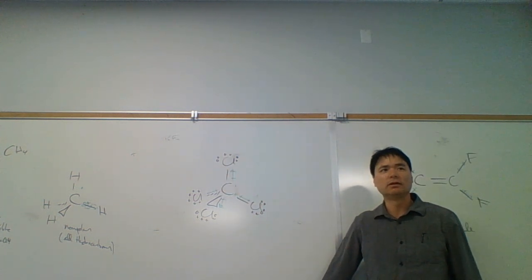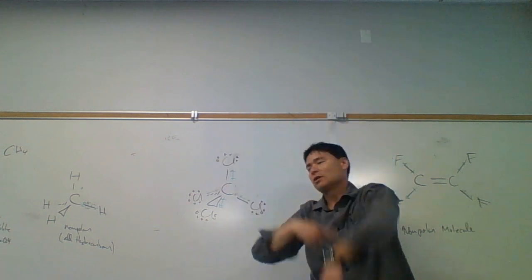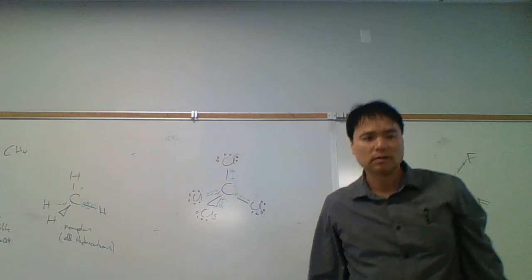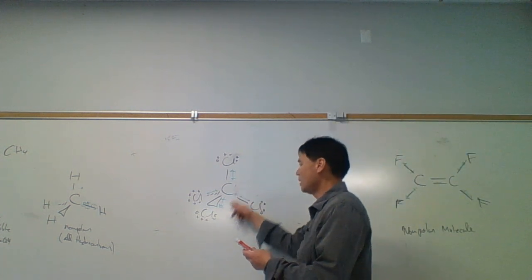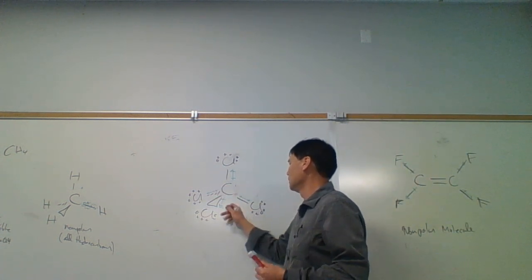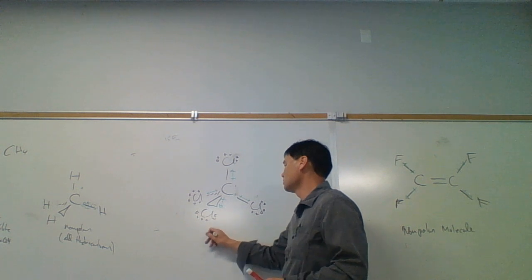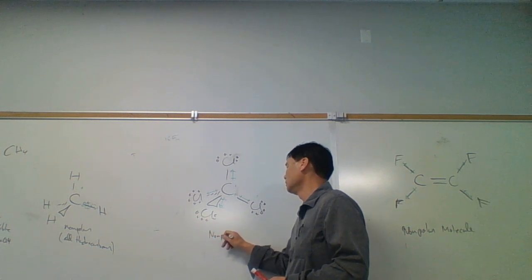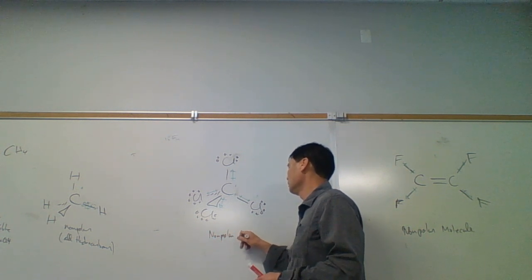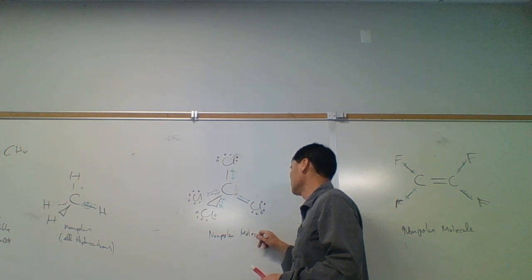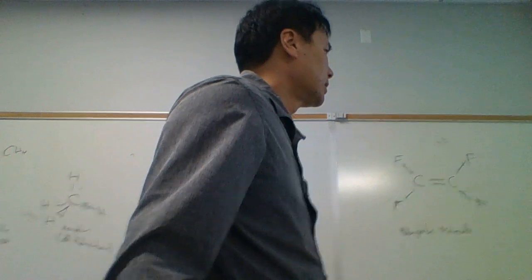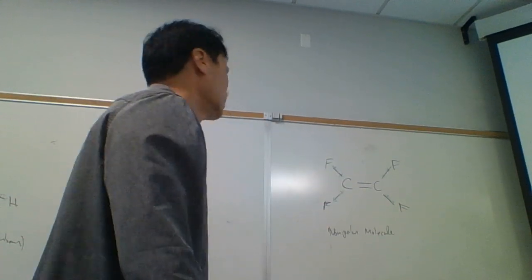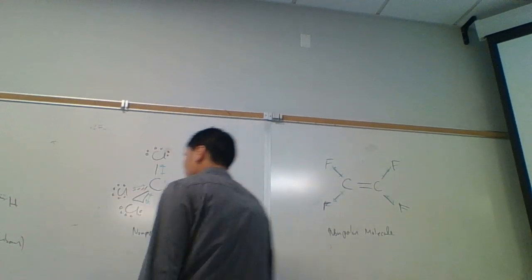You're going to be stable. Versus if you're like this, you might start rolling. Even though we have polar bonds, when we sum them up in 3 dimensions, this turns out to be a nonpolar molecule, because the polar bonds cancel each other out. And so CCl4 and CH4 are nonpolar.